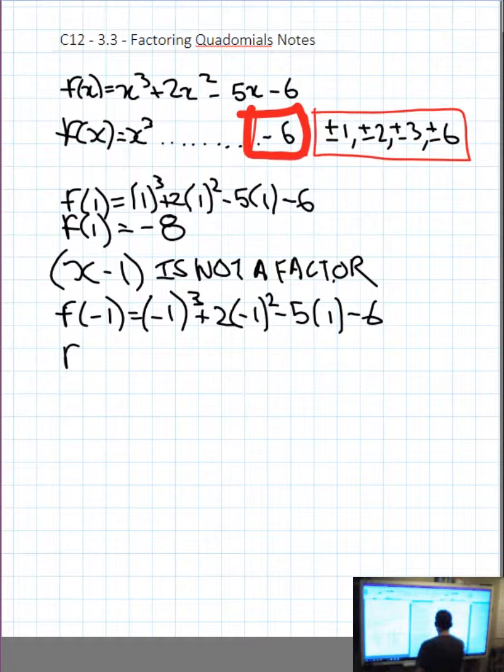So f of negative 1 is equal to negative 1 cubed is negative 1. Negative 1 squared is 1. 2 times 1 is 2. Negative 1 plus 2 is 1. Negative 5 times 1 is negative 5. 1 minus 5 is negative 4.